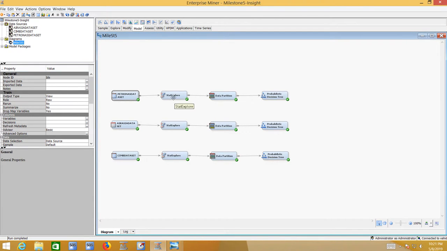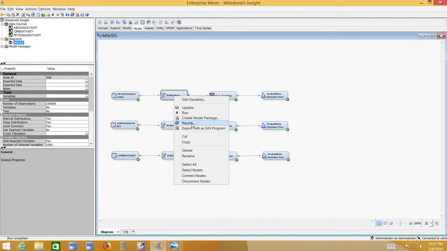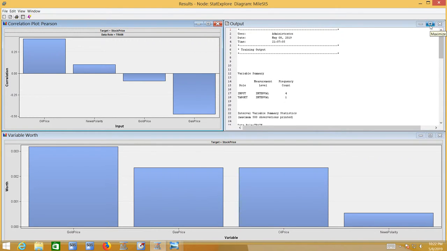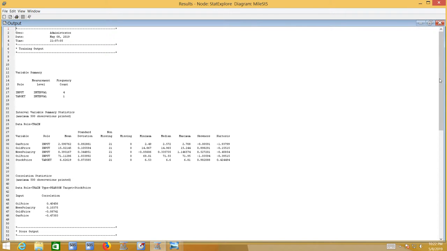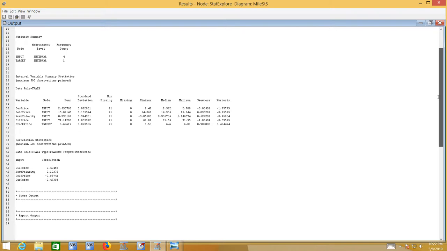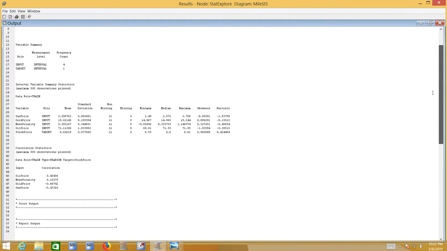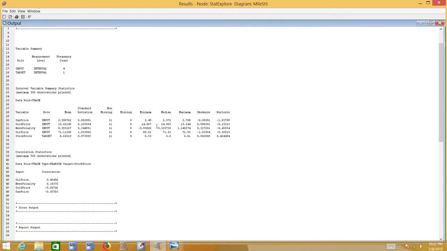I have done some exploratory analysis to see what the content of our dataset is. As I said, I have done this analysis for the data related to the last month, so I have this data for gas price minimum, maximum.